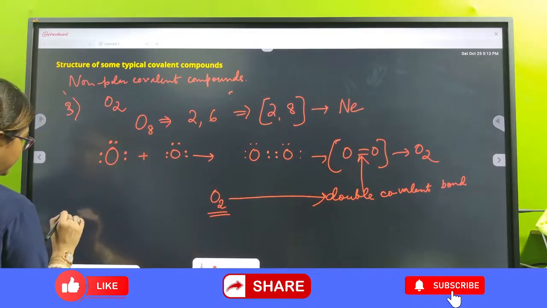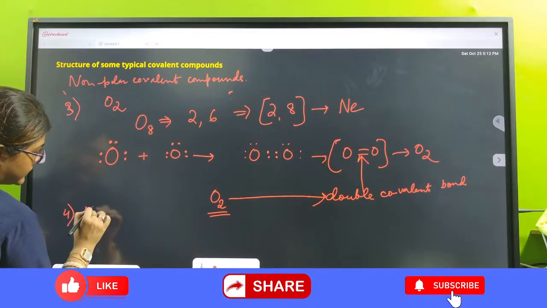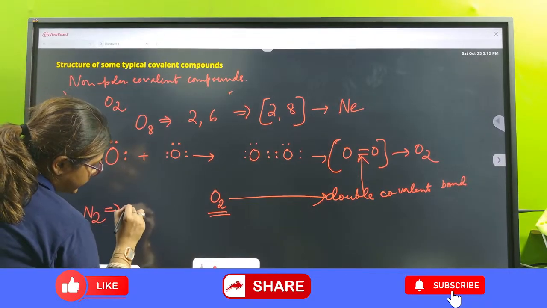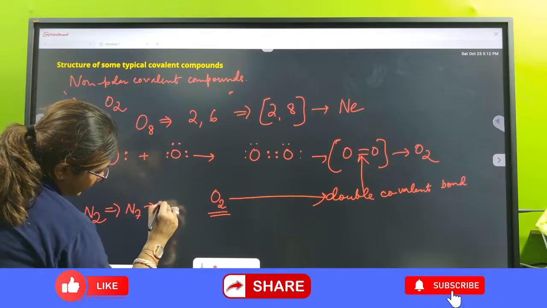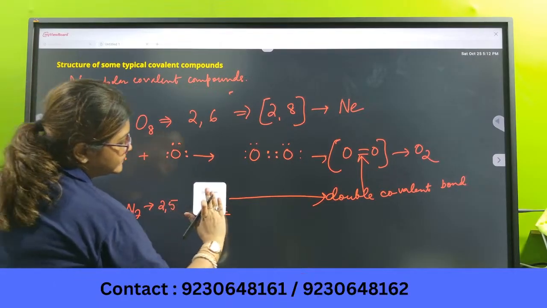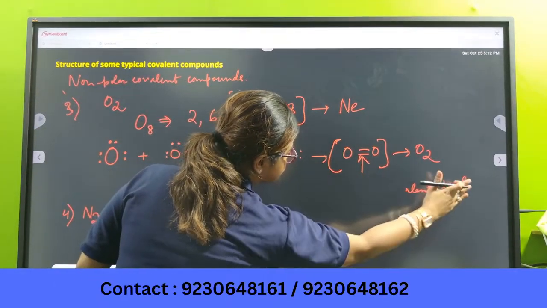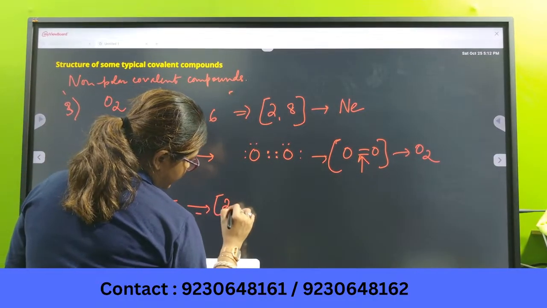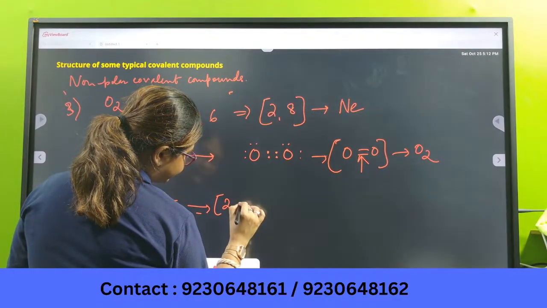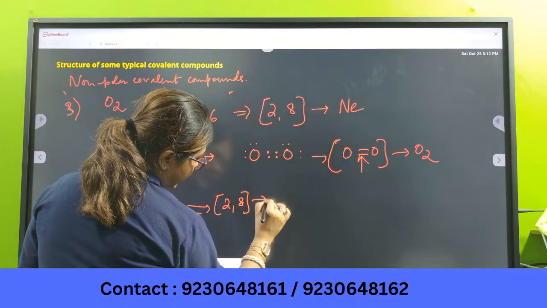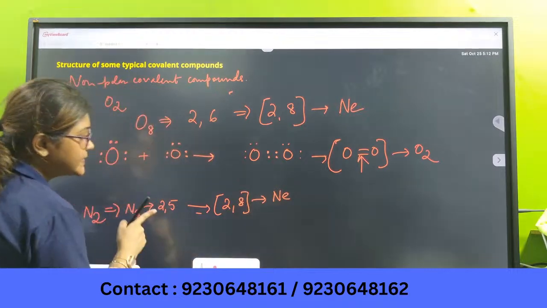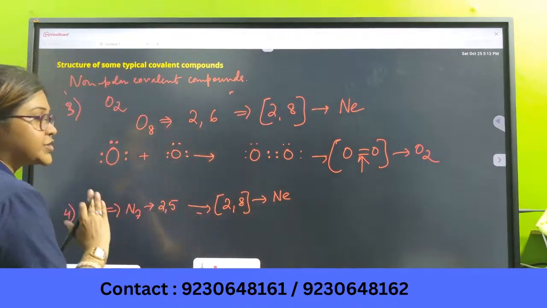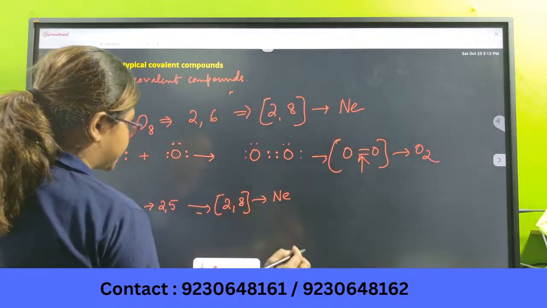Now you come to nitrogen. What about nitrogen? Nitrogen has an atomic number of 7, so its electronic configuration is 2 and 5. So it will try to reach 8 electrons, that of neon. That means it will require 3 electrons to reach a stable electronic configuration.